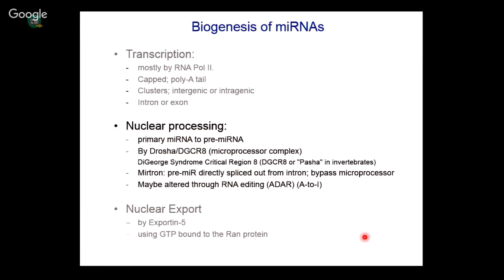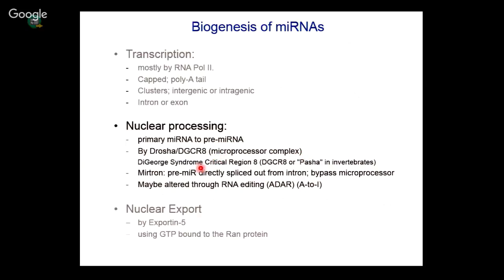Then how are those microRNAs generated in the nucleus? Like I mentioned, the nuclear processing includes cutting the cluster to become a long hairpin microRNA, the pre-microRNA. So it's the primary microRNA to pre-microRNA step. It is processed by the Drosha and DGCR8 complex, which we call the microprocessor complex.